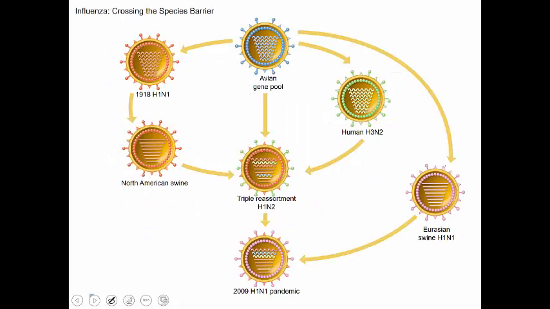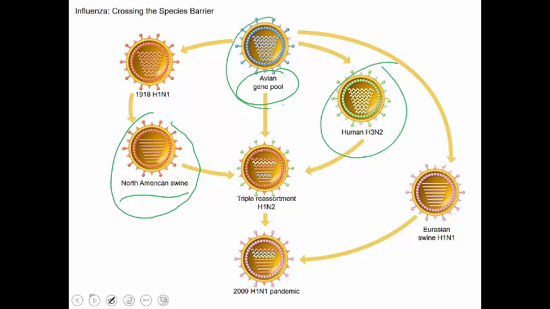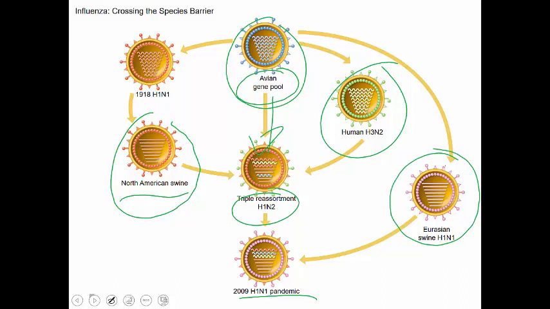Now, if we talk about viruses updating themselves, here we have a couple of options. We have a North American swine influenza, or flu. We have an avian gene pool, and you get a North American swine virus, a human virus, and an avian virus that came together, which caused a pandemic in 2009 when a Eurasian swine virus also interacted with that assortment.